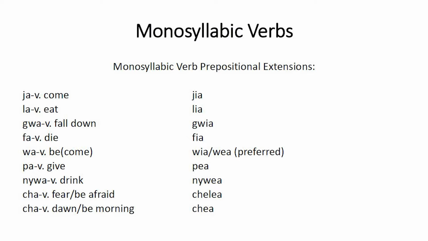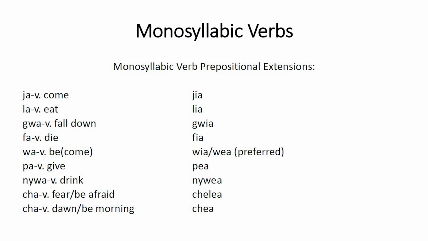You notice all of them end in the letter A, so you follow the same rule: you insert the I just before the A. So ja, which means come, becomes jia. La, which is eat, becomes lia. Gua, which is fall down, becomes guia. Fa, which is die, becomes fia.